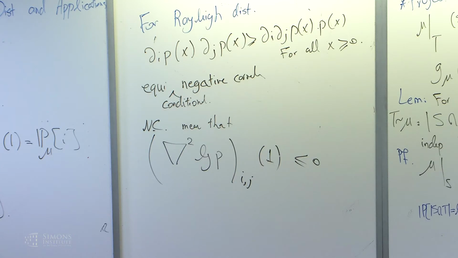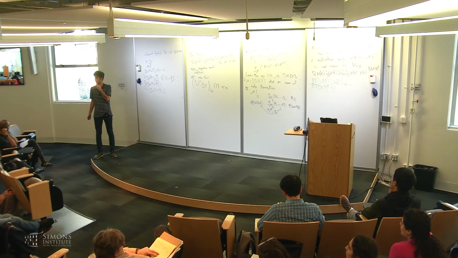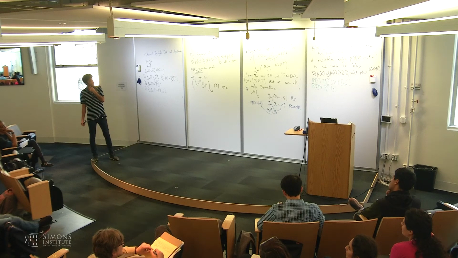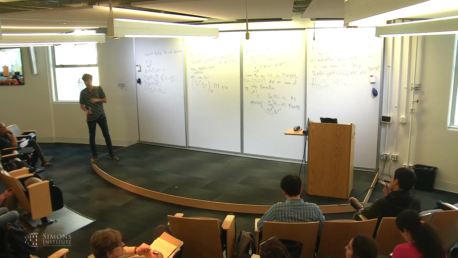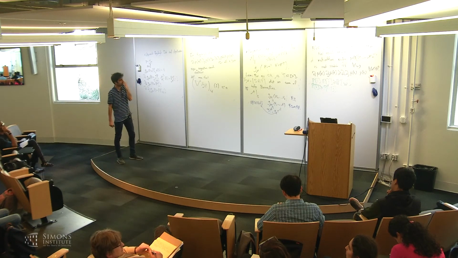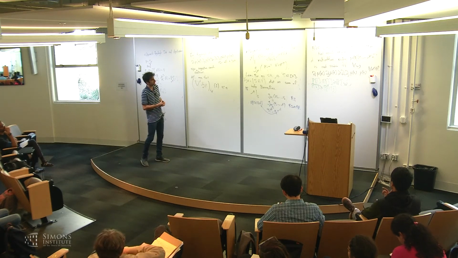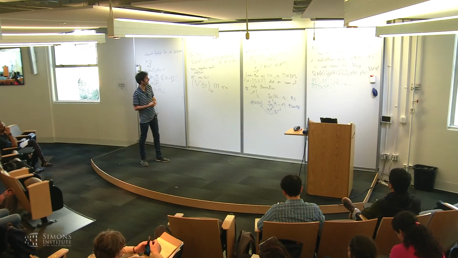Because that is actually minus the Hessian. If you subtract from that, it's like minus the Hessian. I'm saying the off-diagonal entries are negative, or non-positive. Yeah, actually, you're right.